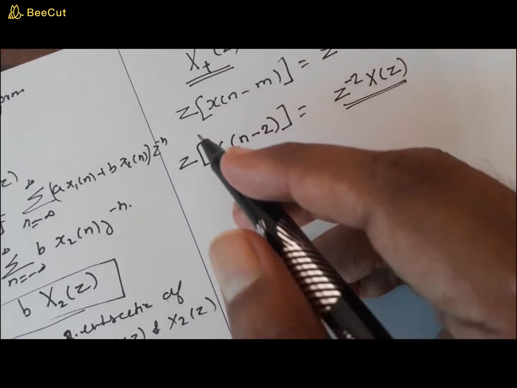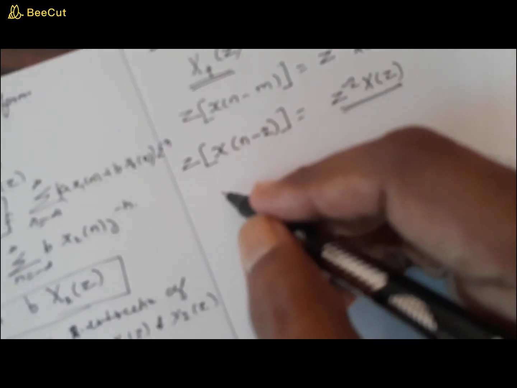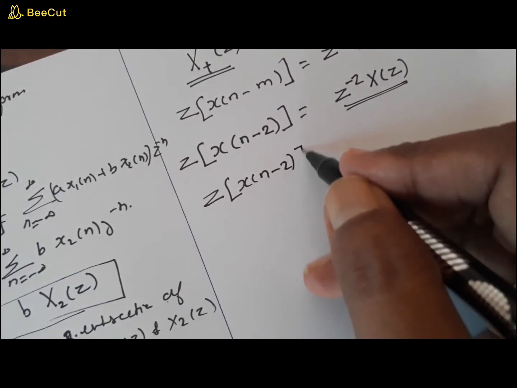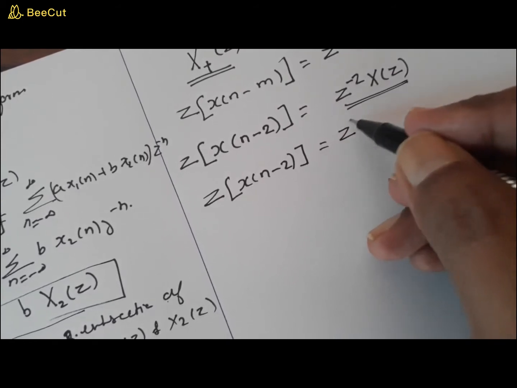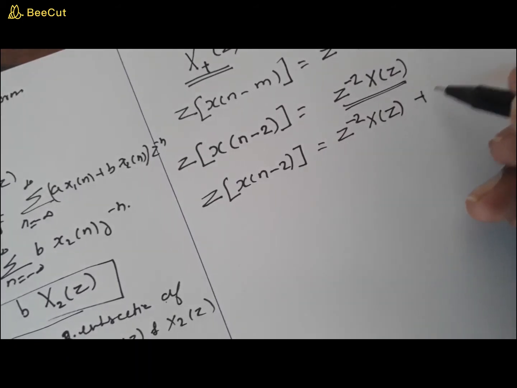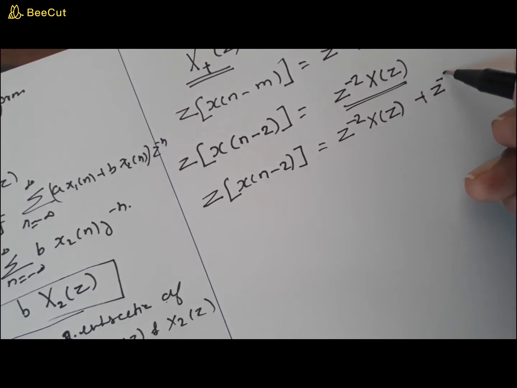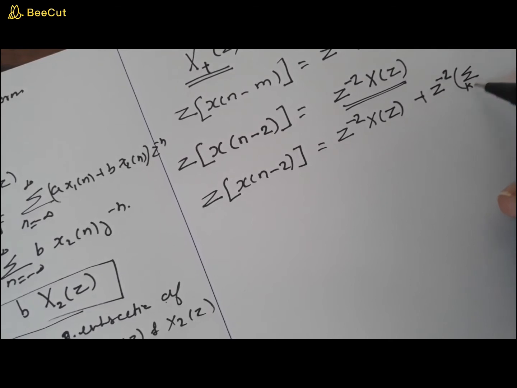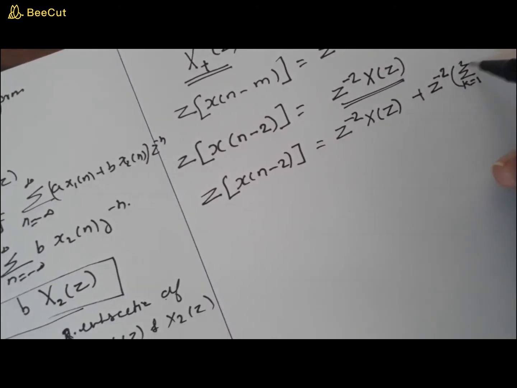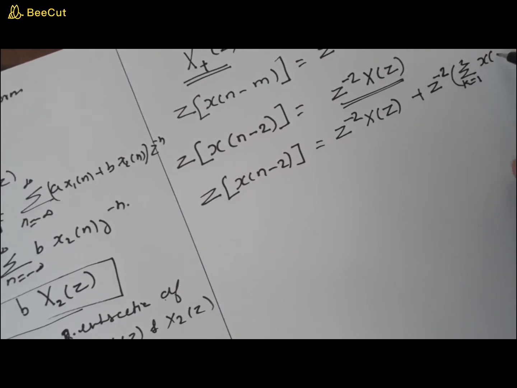Now when you consider a unilateral z transform, the special case applies. So x of n minus 2 will be equal to z raised to minus 2 into X of z, plus z raised to minus 2 into the sum over k equal to 1 to 2 of small x of minus k into z raised to k.